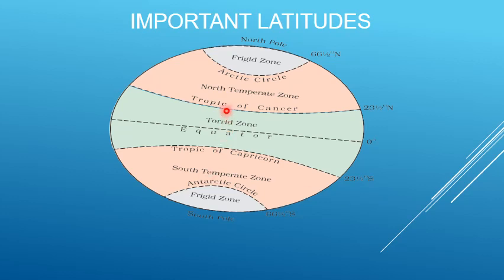Beyond this is the north temperate zone up to the Arctic Circle, that is 66.5 degrees north, and the south temperate zone up to the Antarctic Circle, 66.5 degrees south. And then there is the frigid zone up to the South Pole, 90 degrees south, and the North Pole, 90 degrees north.